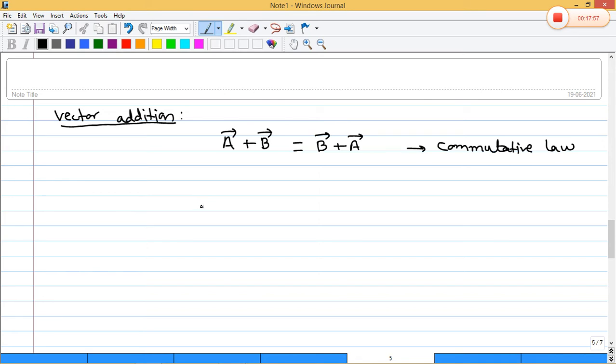Another one is the associative property. What does it say?